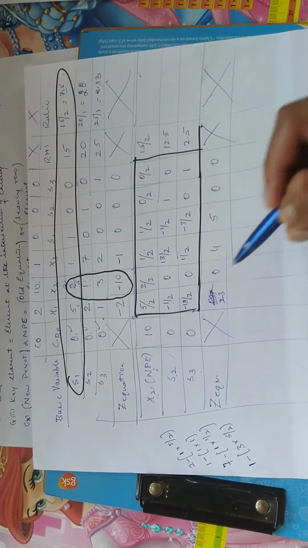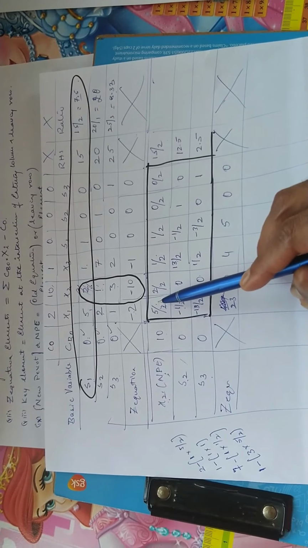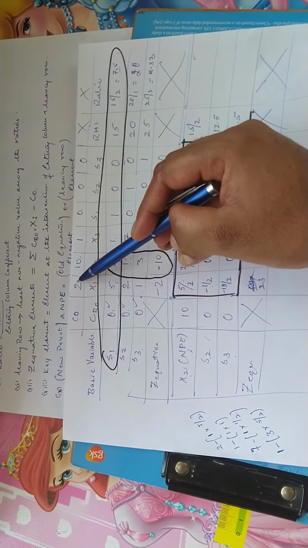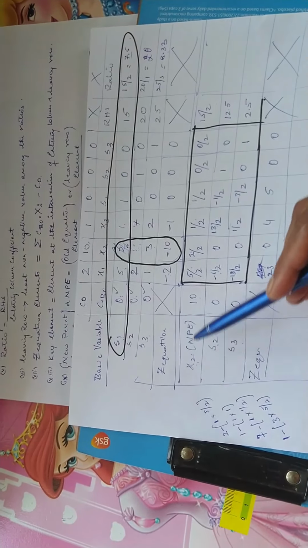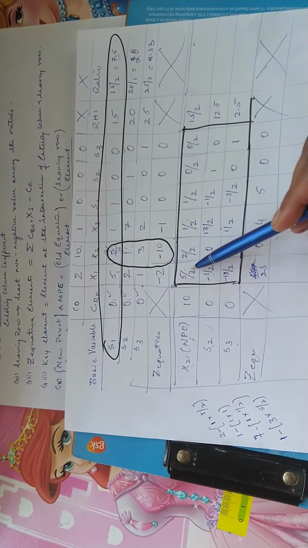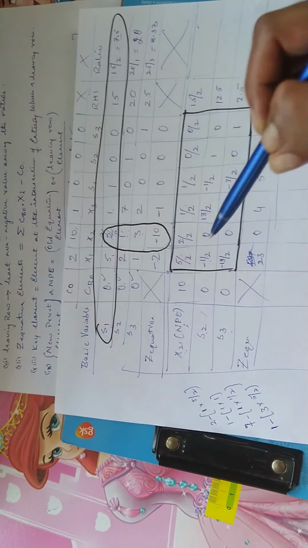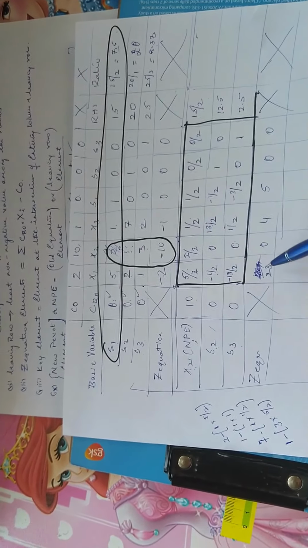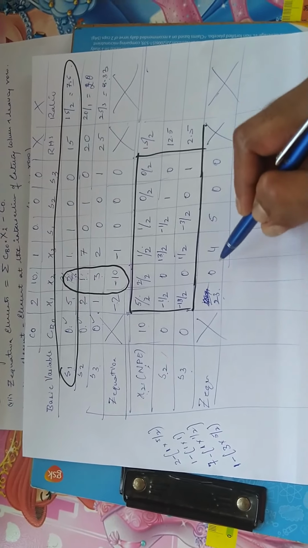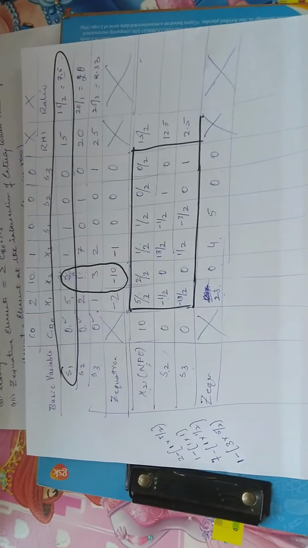I'll repeat this Z equation calculation once again: 10 into 5 by 2, 0 into minus half, 0 into minus 13 by 2, minus of the coefficient of this variable in the objective function, minus of minus 2. I have calculated these values and found that all of the Z equation elements are now positive, so we have reached the solution stage.